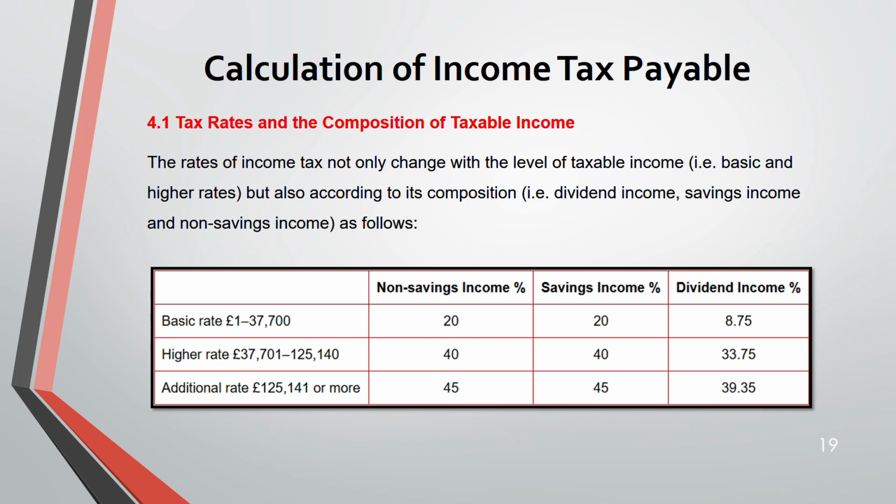The more income you have, the more you will be charged. This is known as progressive rate. Higher the income, higher the rate. For non-savings and savings, the rates are the same: basic, higher and additional at 20, 40, 45. But for dividend, basic is 8.75, higher is 33.75, additional is 39.35.